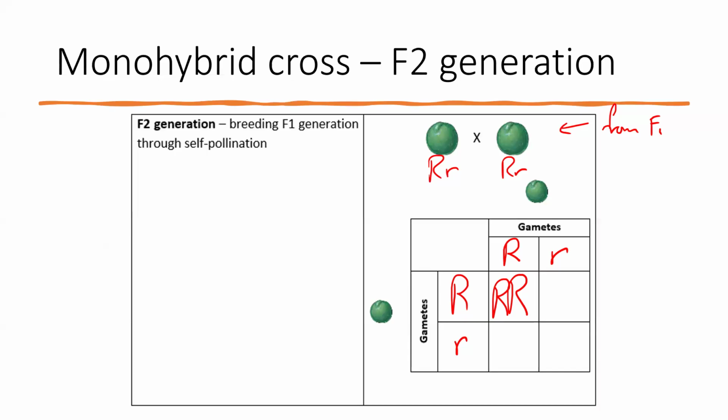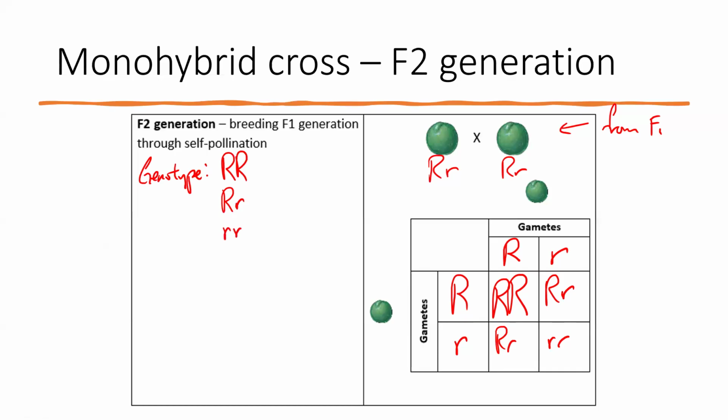Okay, so that's big R, and this is big R, small r, right? Big R, small r, small r. Okay, let's do genotype first. We have big R big R, big R small r, big R small r, small r small r.